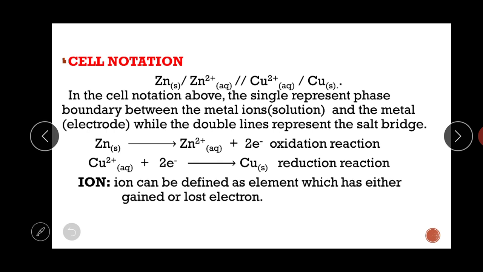The single line means a phase boundary: first we have zinc solid to zinc ion, then copper ion to copper electrode. This is like a boundary. But the double line means the salt bridge that is in between the two of them.